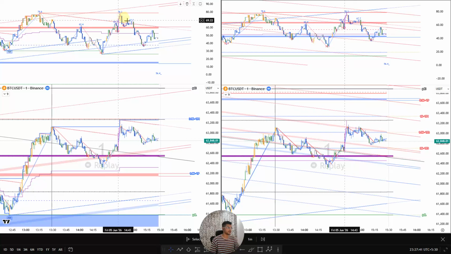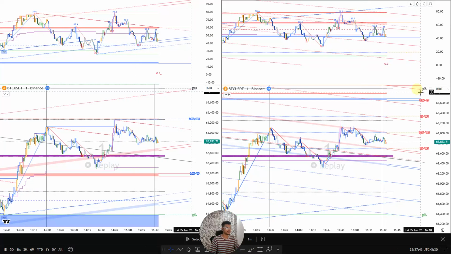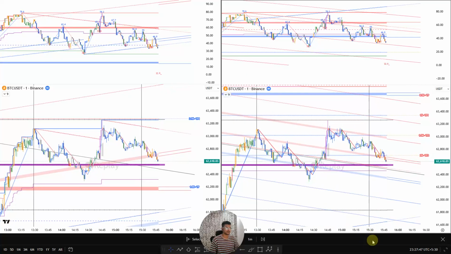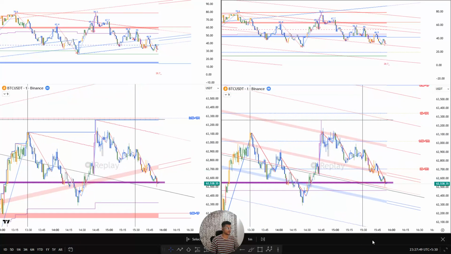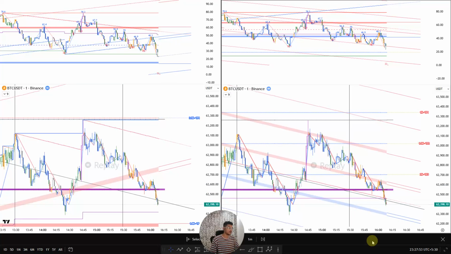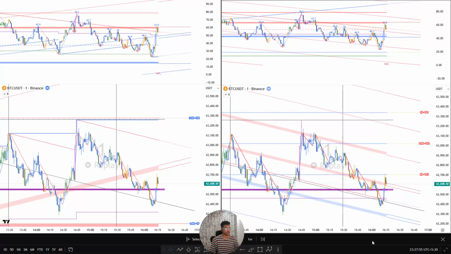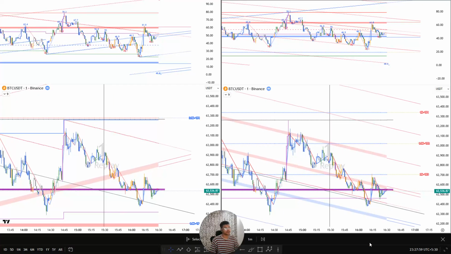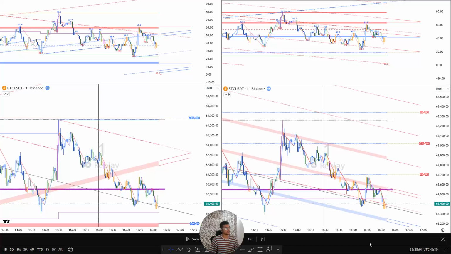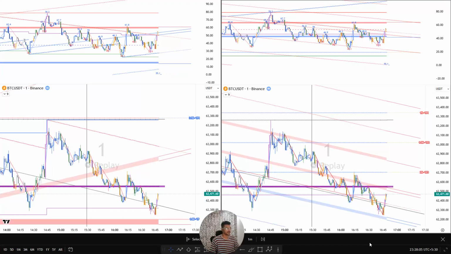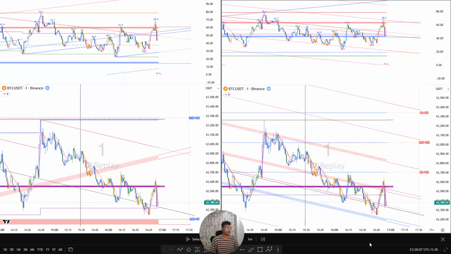See here, the side resistance got hit. 1 minute is very comprehensive, there's a lot of candles in one day. There's 1,440 minutes, I think.